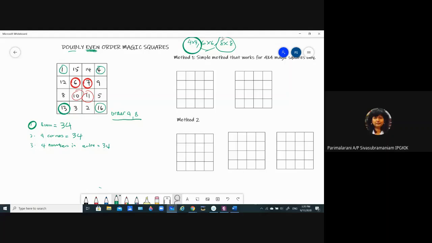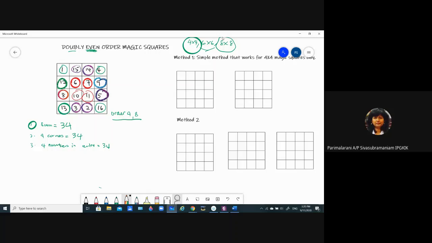Now if you add these numbers, 15 and 14 and 3 and 2, what do you get? 34 also.